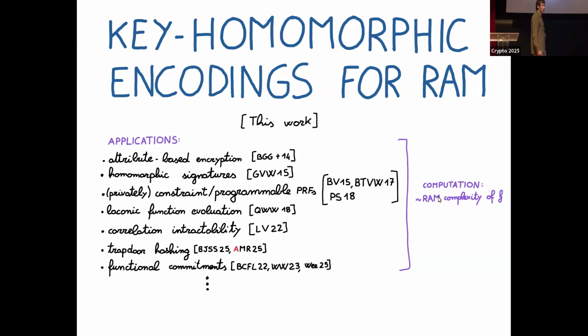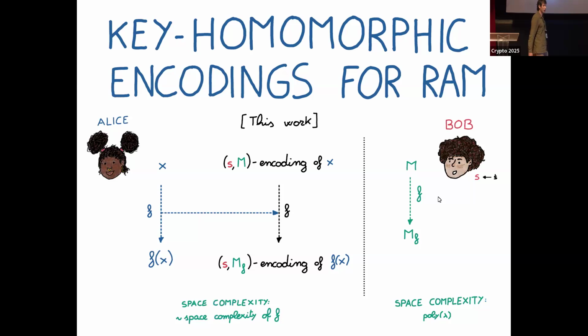There is also another interesting feature of our improved encodings, namely the space complexity. Only Alice's space scales proportionally to the original space complexity of the function f, whereas Bob's computation for the homomorphic evaluation of the function on the public key has constant space complexity, a polynomial in the security parameter.